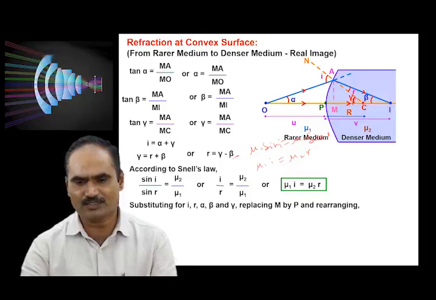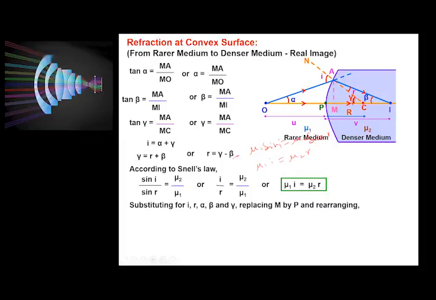But in the case of measurement of CP and IP, we take them in place of IM and MC. IM you are measuring, so we write it as IP here, and MC we write as CP. Substituting in this equation, you will get mu1 by PO plus mu2 by PI is equal to mu2 minus mu1 by PC.